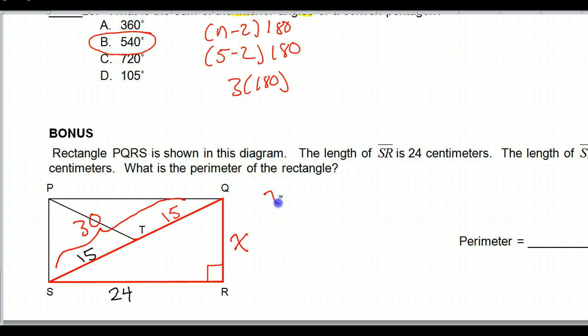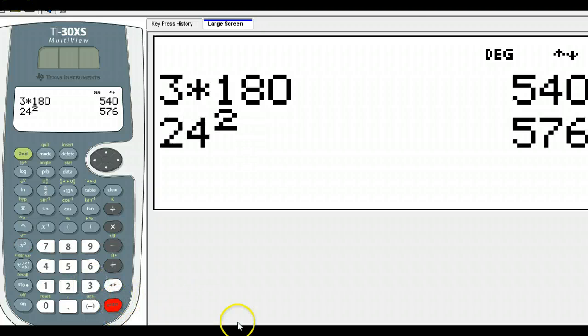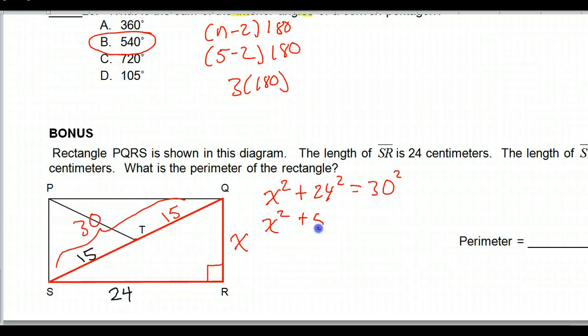So that would be x squared plus 24 squared is equal to 30 squared. So x squared plus 576 equals 900.